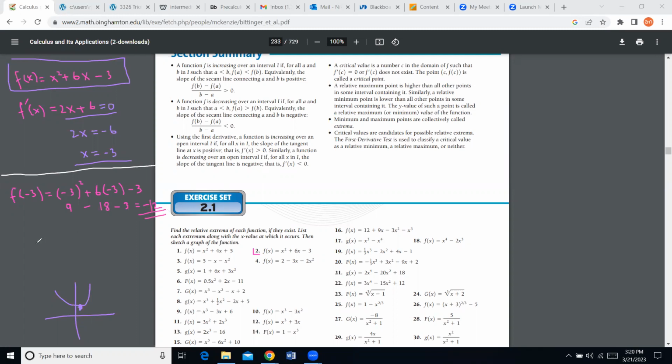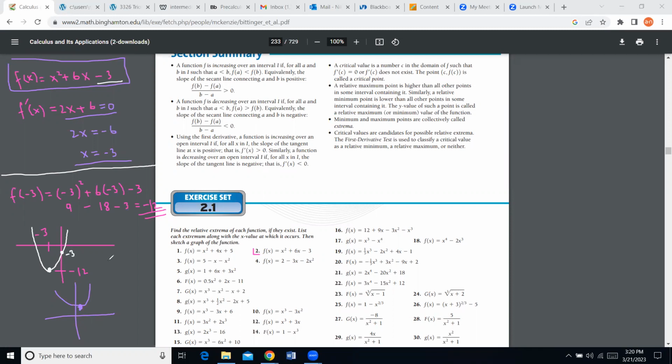Once I have found x equal to -3 and y equal to -12, I can make a picture of that function that passes through the point -3 on the y-axis, so it'll look somehow like that.